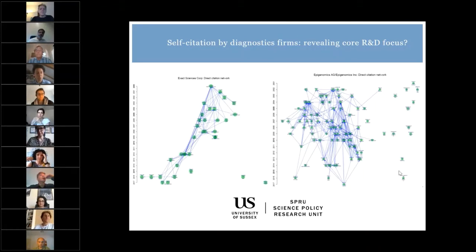And so what you can see for Exact Sciences is there's a very clear line of self-citation running down the page with a particularly strong focus, I would argue.